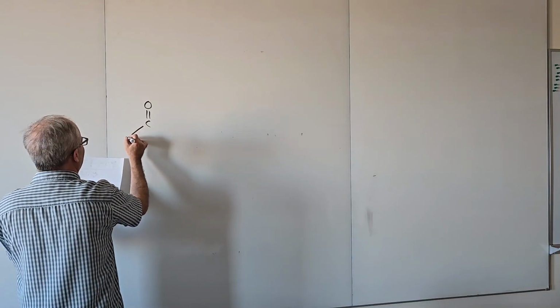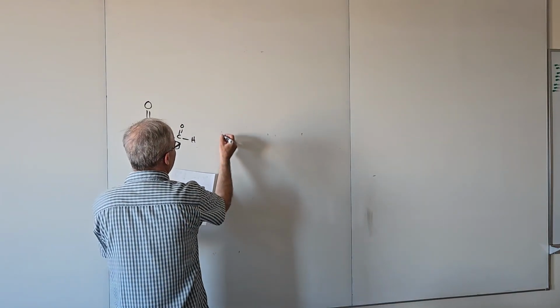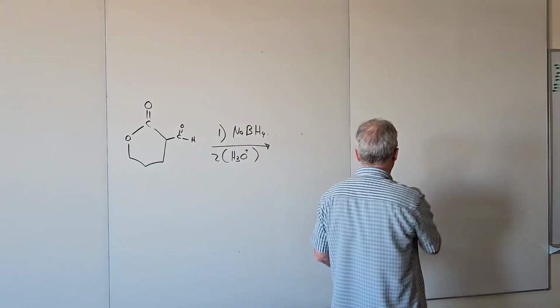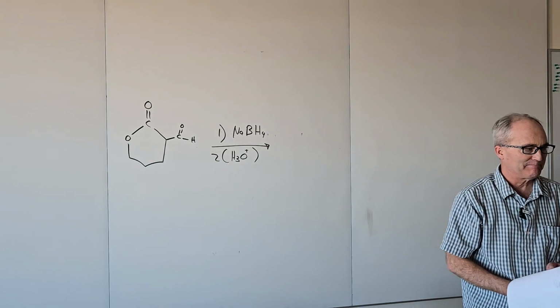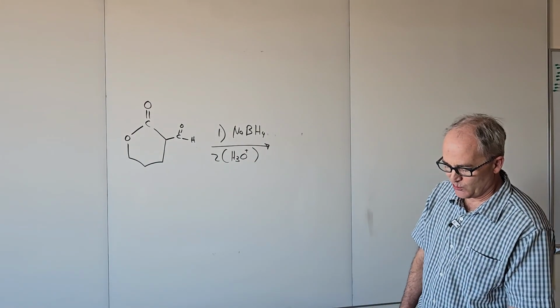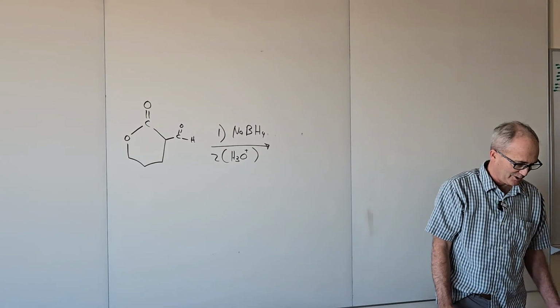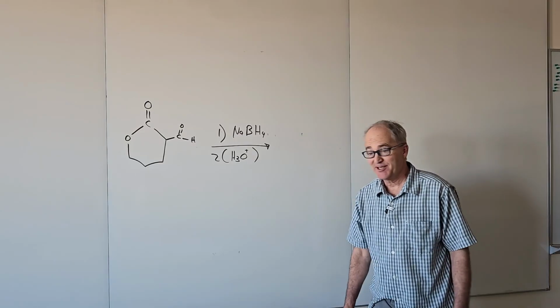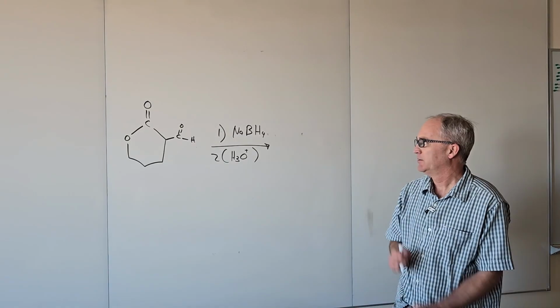Carbonyl carbon, 2 carbonyl carbons. What's the product? What does sodium borohydride do? Is it an oxidizing agent? True or false? False! It is a reducing agent.